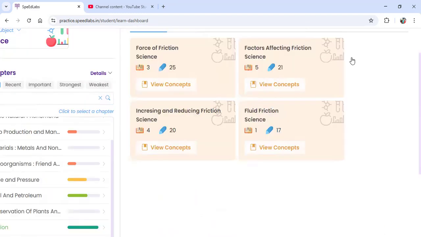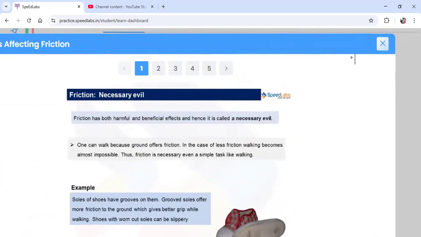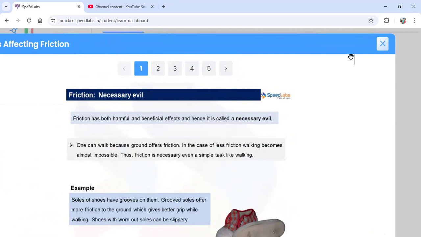Okay, factors affecting friction. See, friction is a necessary evil. They may ask you this question for 2 marks. Friction has both harmful and beneficial effects, and hence it is called a necessary evil. One can walk because the ground offers friction. In the case of less friction, walking becomes almost impossible.